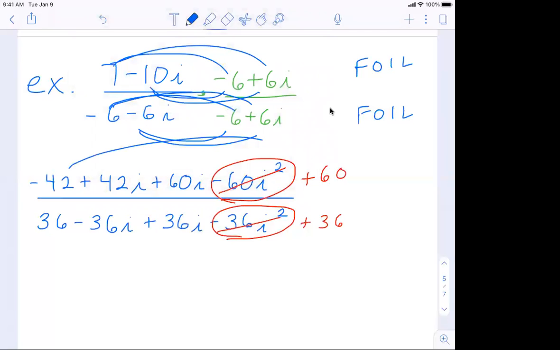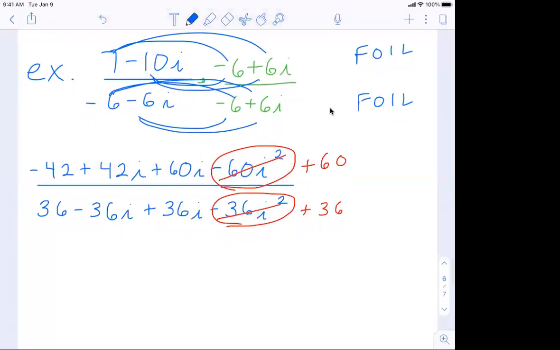So I have -42 plus 60. So that's going to be 18. And then 42i plus 60i would be plus 102i. So that's our numerator.